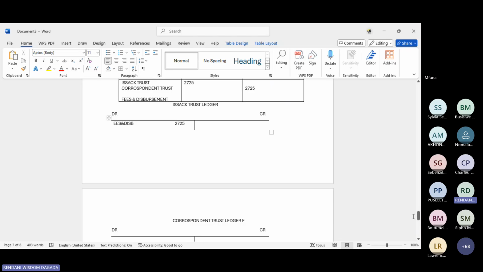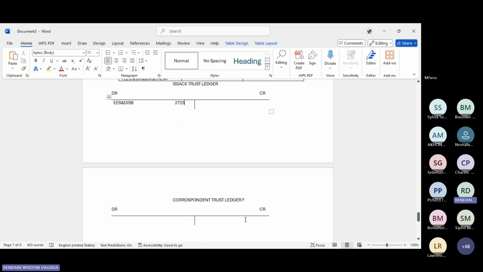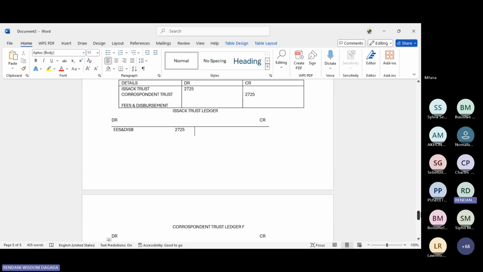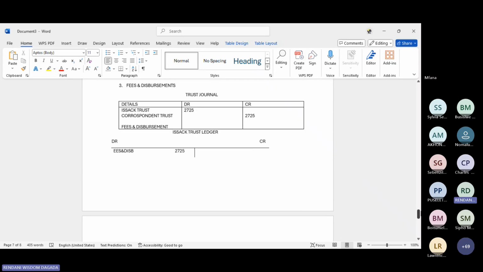On the correspondent, it's on the credit side, fees and disbursement 2725. There we go. That is how you do step number 3. Like that. This, guys, like I just said, it's just cramming, going and writing and passing. If this ever comes tomorrow, you should smile because it's the same thing. You can just look at the previous question paper and the memo. Just follow the steps if it's instructing, because it's always just straightforward.